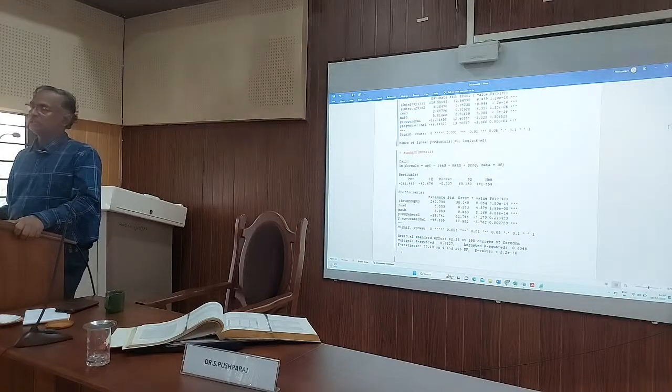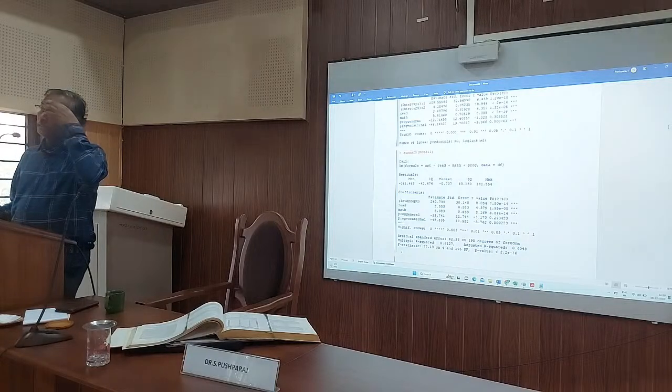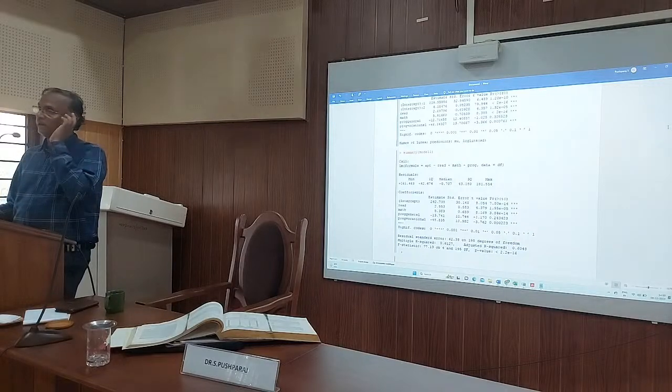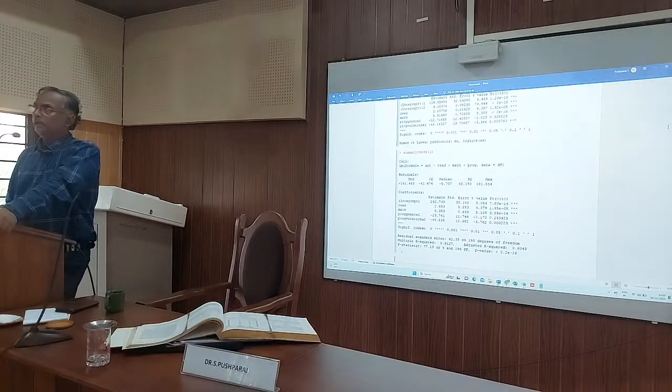Single equation estimation has many methods. The prominent among them are indirect least squares, two-stage least squares or instrumental variable method, and LIML, limited information maximum likelihood method.